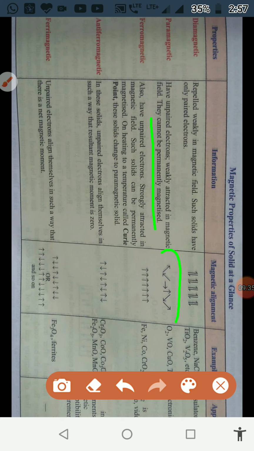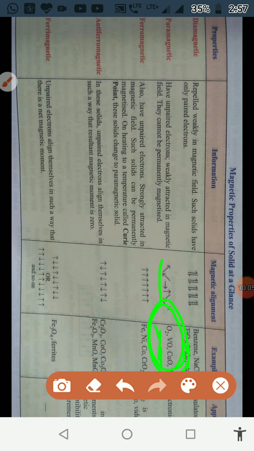Here the domains are arranged in this manner, similar to unidirection but not in unidirection. Examples for paramagnetic substances: O2, vanadium oxide, cuprous oxide. These all have unpaired electrons. If they have unpaired electrons, then definitely it is a paramagnetic substance.